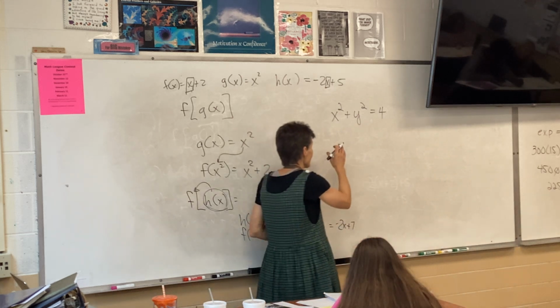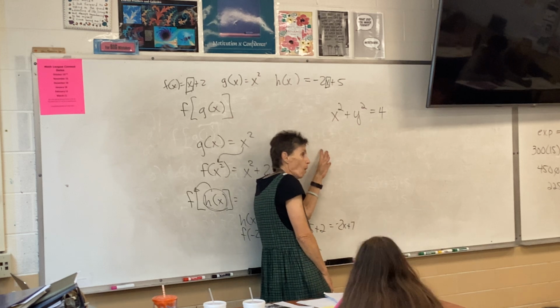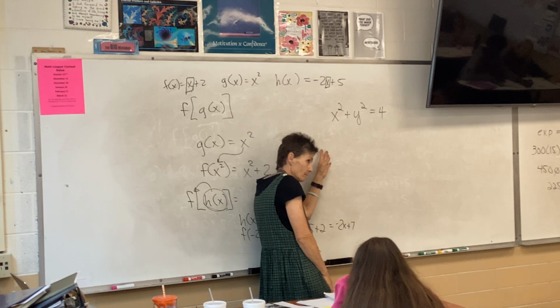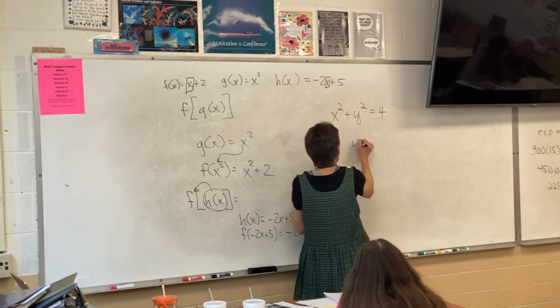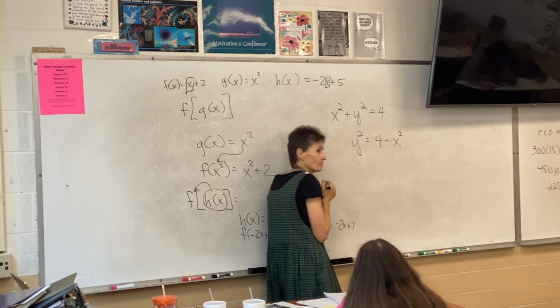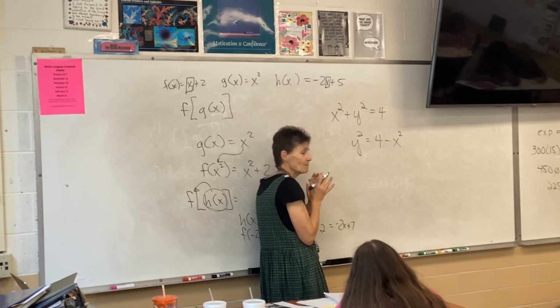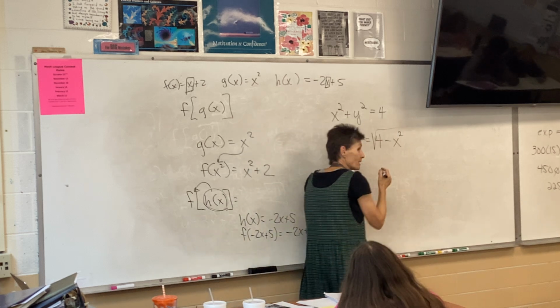So here is what I'm going to do. I'm going to take this problem and get y by itself. So what would you suggest doing? Subtract x squared. So y squared equals 4 minus x squared. I can't divide by something, I'm going to square root it. But what am I going to remember?